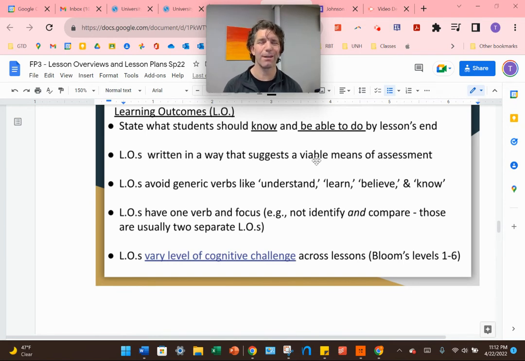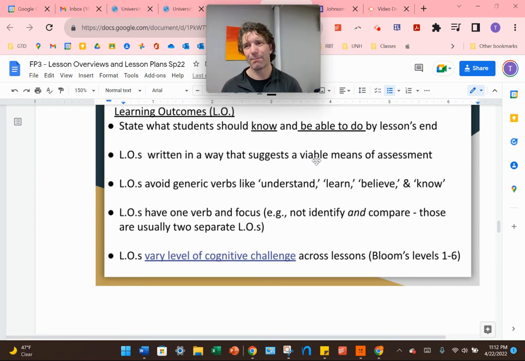So learning about astronomy doesn't say much, but if the learning outcome is students will be able to describe that the seasons change throughout the year, and it follows a pretty regular cycle, where it's winter, spring, summer, then fall, and then back to winter again, and that's a regular pattern.